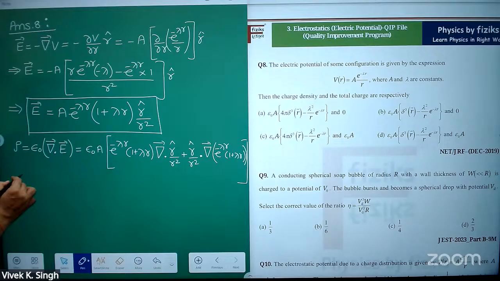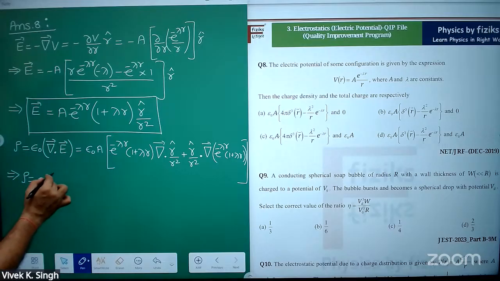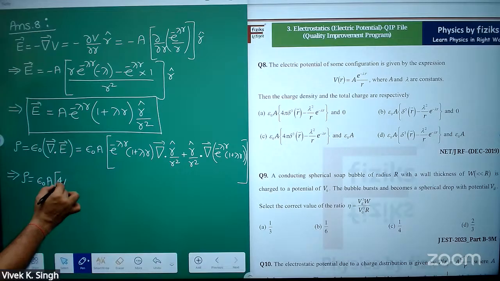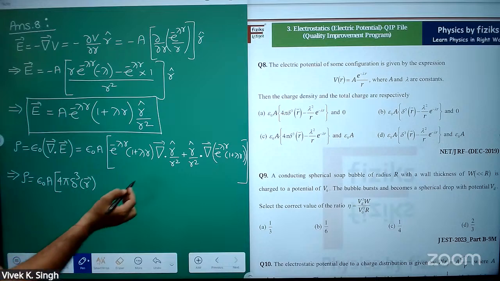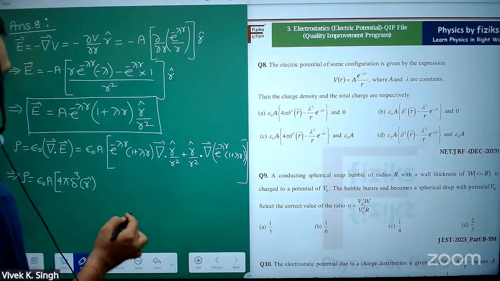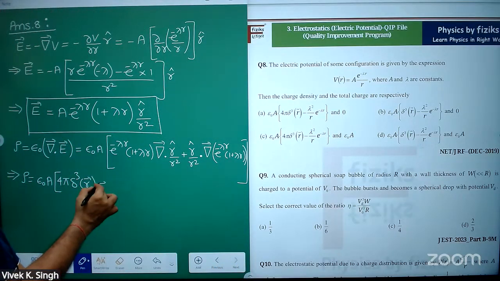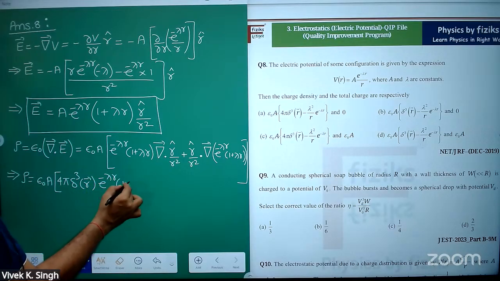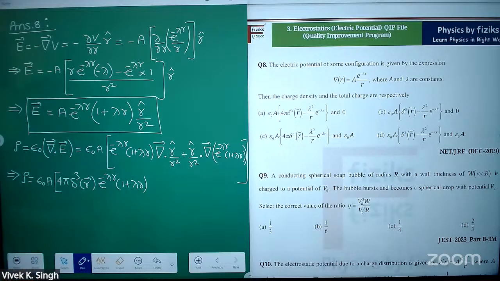This will give you charge density rho equal to epsilon naught A. This is 4 pi delta function, so I'm writing here 4 pi, the 3-dimensional Dirac delta function, because it's a special vector, it will be 0 except at one point. And then you write e exponential minus lambda R 1 plus lambda R. So this will be the first term.